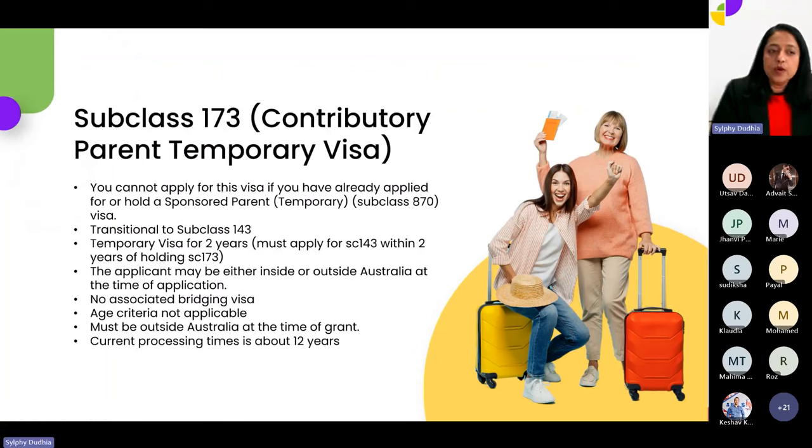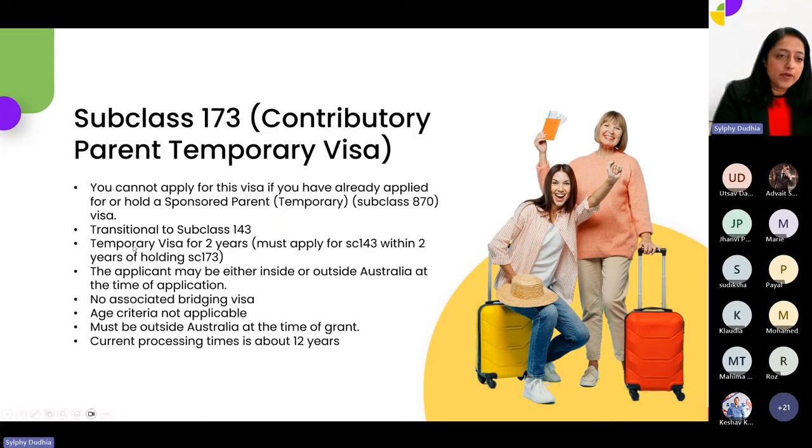Now I'll explain individually all 6 subclasses of the parent visa. First is subclass 173, which is a contributory parent temporary visa. The most important part here is that you cannot apply for this visa if you are a holder of subclass 870 visa, which is sponsored parent temporary.